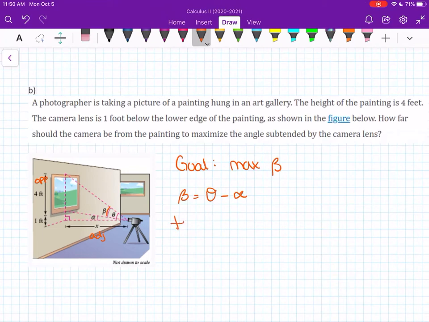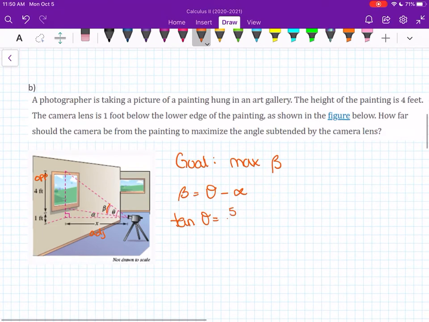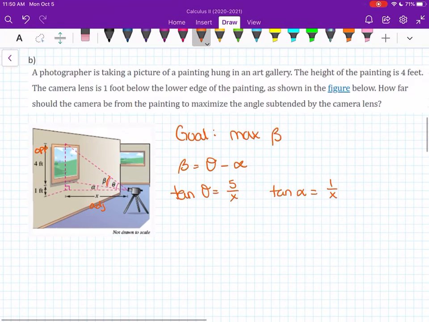And if I have opposite and adjacent, the first thing that comes to mind is tangent. So the tangent of theta is 5 over x, and the tangent of alpha is going to be 1 over x. I don't particularly like x in the denominator because taking the derivative of that is just not going to be fun. So what I'm going to do is I'm going to go ahead and use cotangent instead.